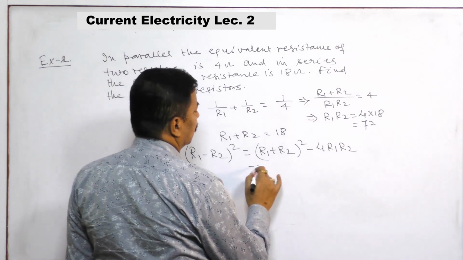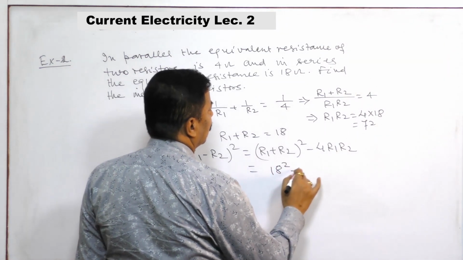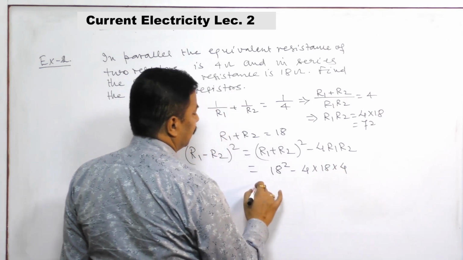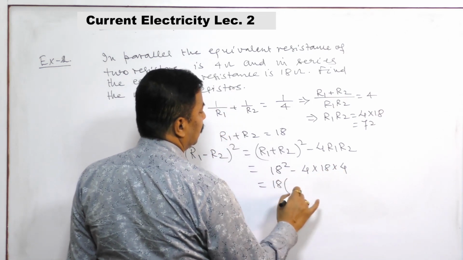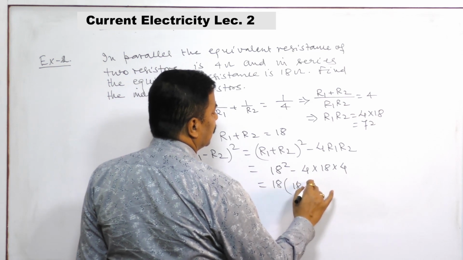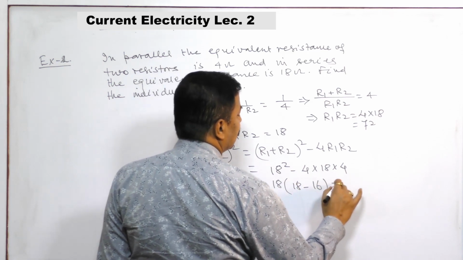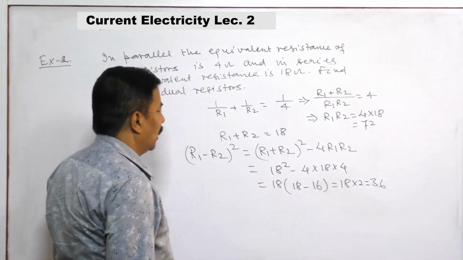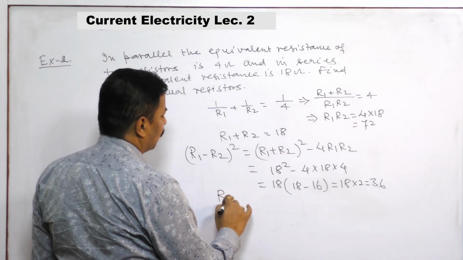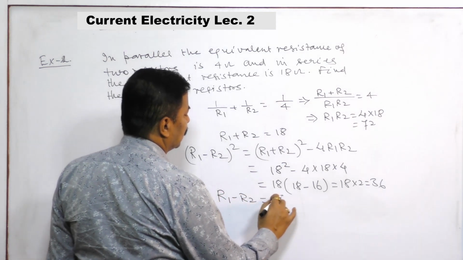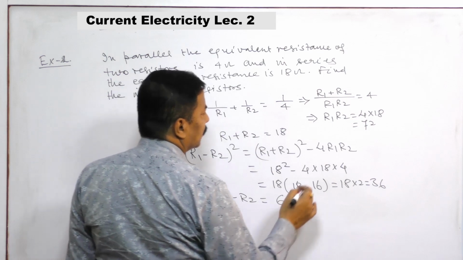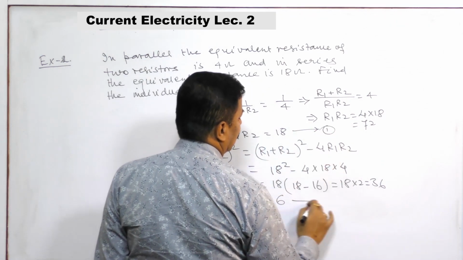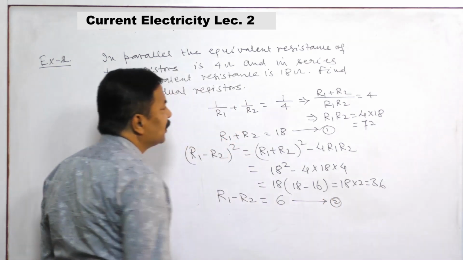R1 minus R2 whole square is 18 square minus 4 into 72. Taking 18 as common, 18 into 18 minus 16, that is 18 into 2, 36. So R1 minus R2 is equal to 6.